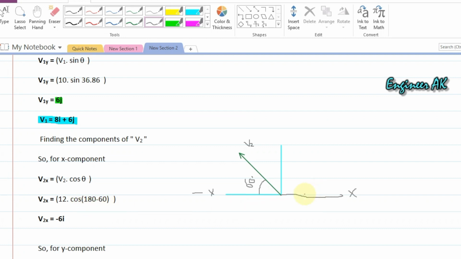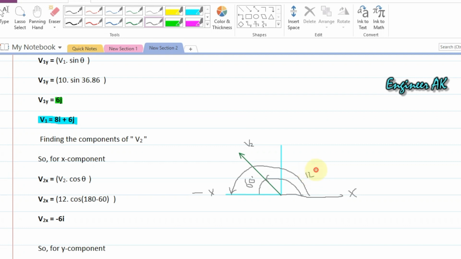Because from here till here it's 180, but I want to find the component of this, so from here to here it is making an angle of 180 minus 60, right? So I will get this, and it comes out to be 120.